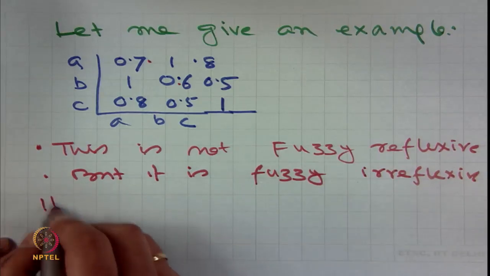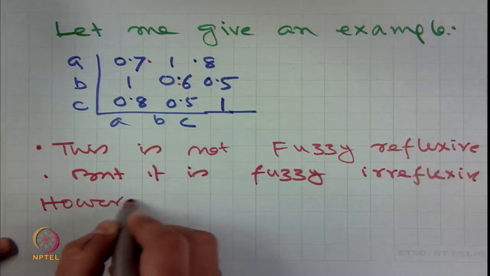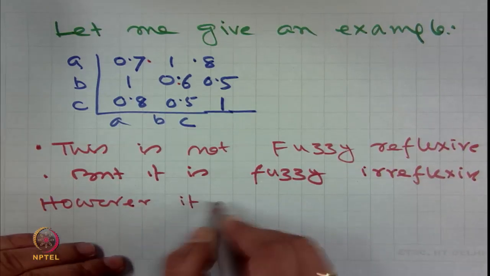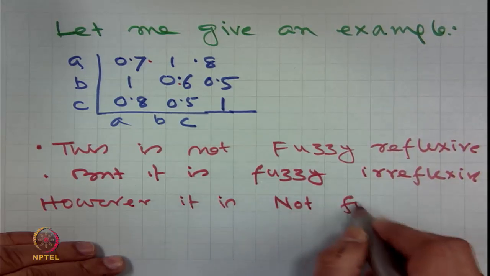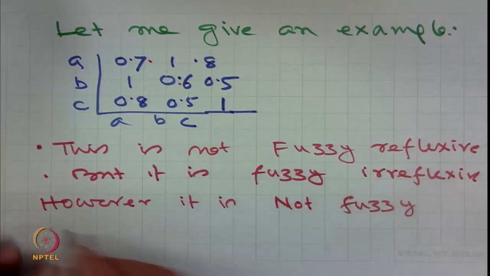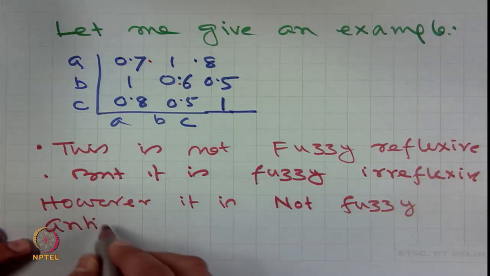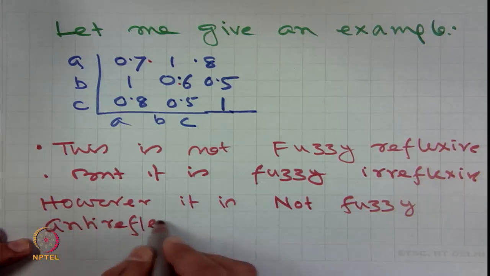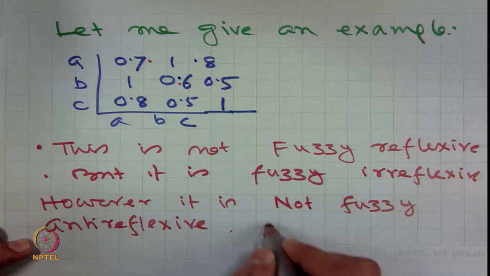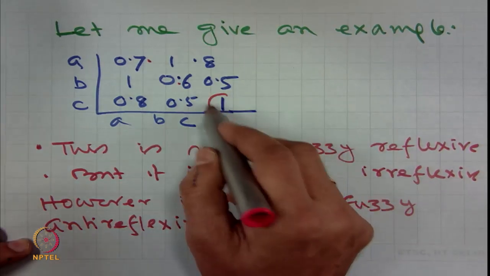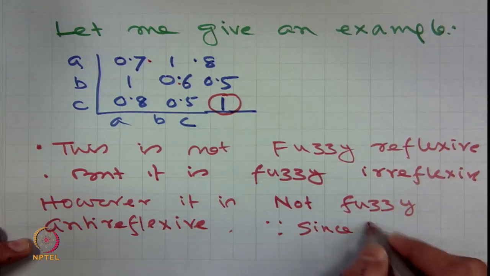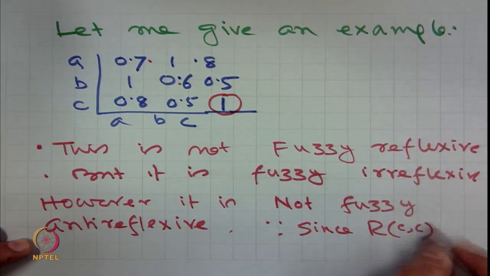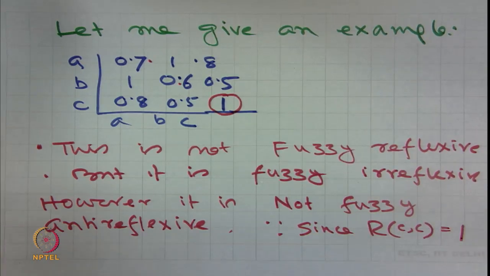However, it is not fuzzy anti-reflexive since this 3 by 3 element, or R(c, c), is equal to 1.